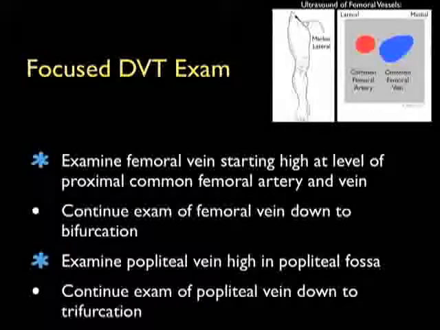We'll then turn to examination of the popliteal vein, placing the probe high within the popliteal fossa. We'll examine the popliteal vein about 4 centimeters within the popliteal fossa, continuing the exam of the popliteal vein down to trifurcation of the vessel into the calf veins.